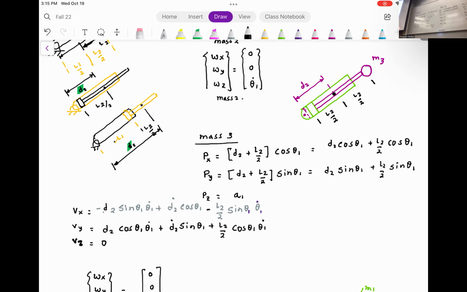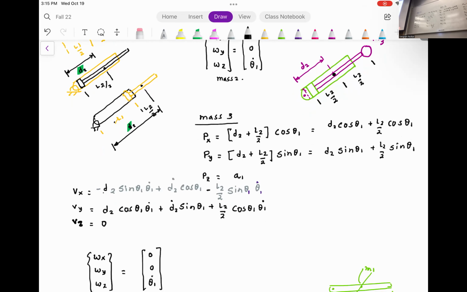Okay, I think I derived all this in the last class. I'm just writing these equations down that we derived in the last class. So is it L1 squared over 12? Yep, 12. Cosine theta 1 minus L2 by 2 sine theta 1 dot.